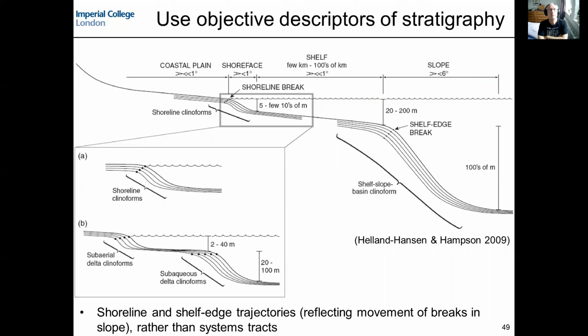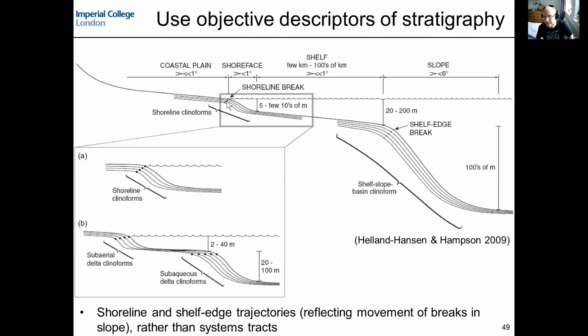The second thing about objective ways of describing stratigraphy, there's two different approaches here which I think are valid. So one is to trace out breaks in slope, either at the shoreline or at the shelf edge. Those are specific features in the morphology of a basin, and we can trace how those have moved through time. So we can describe the trajectory of those boundaries as they move.